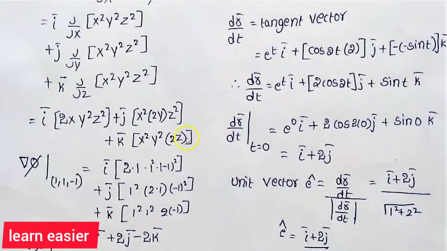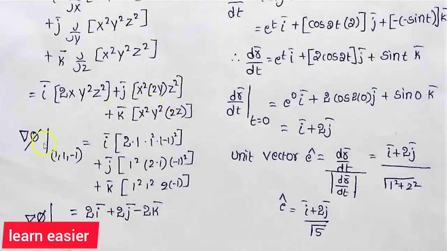Now we have to find del phi at the point 1, 1, minus 1. So we substitute x as 1, y as 1 and z as minus 1. So we get 2 into 1 into 1 square, and here y is 1 and z is minus 1, so 1 square into 2 into 1 into minus 1 whole square.